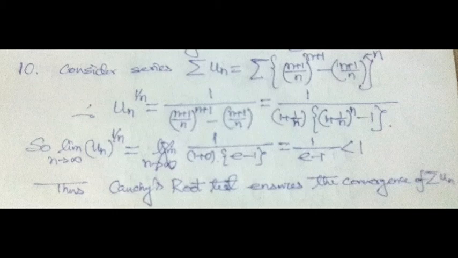So we will get the final limit as 1 by (e minus 1), which is strictly less than 1, because e lies between 2 and 3. So 1 by (e minus 1) is less than 1. So Cauchy's root test ensures that the given series summation u_n is convergent.